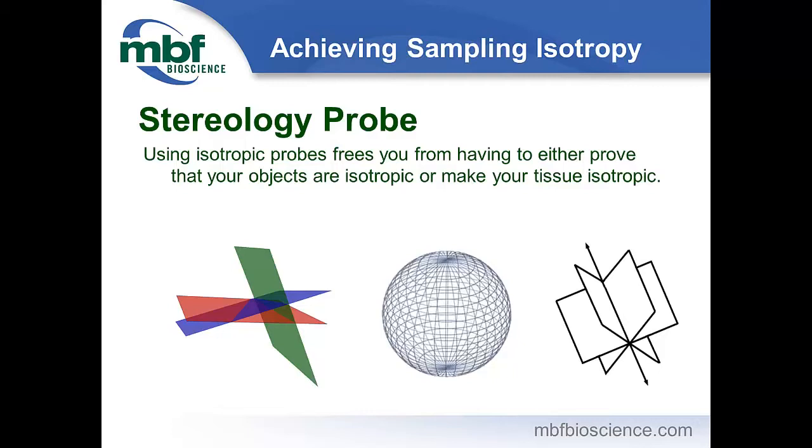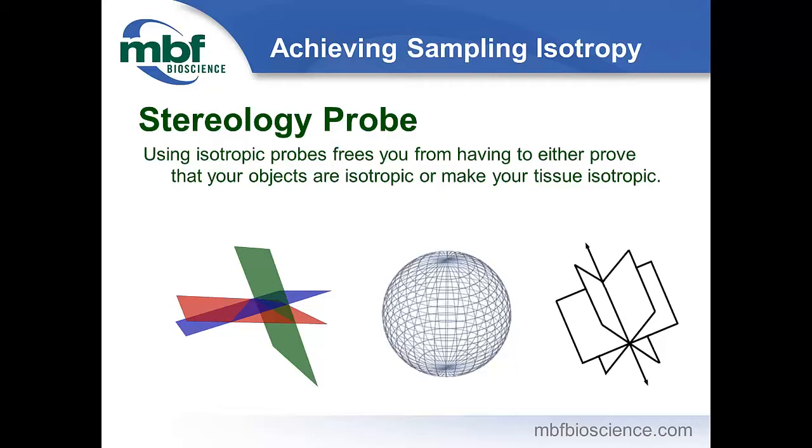We also have a question about whether or not you need isotropy in order to do stereology. The short answer is yes, you need to achieve isotropy in a combination of those 3 ways: either the way that the object is oriented within your organ or structure of interest, the way that you prepare your tissue needs to be achieving isotropy, or the probe itself has to have isotropy.